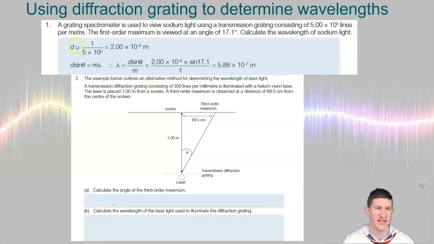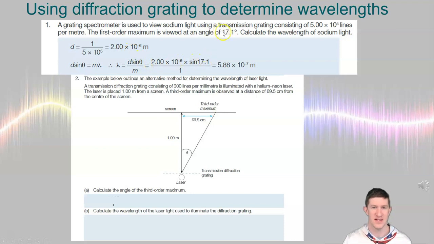So what they've done is they've said the distance is 1 divided by 5 times 10 to the 5. This is our distance between slits, 2 times 10 to the negative 6 meters. Then we plug that into our d sine theta, and we rearrange for lambda because this is what I want. Calculate the wavelength. d sine theta, I know d, I found it.